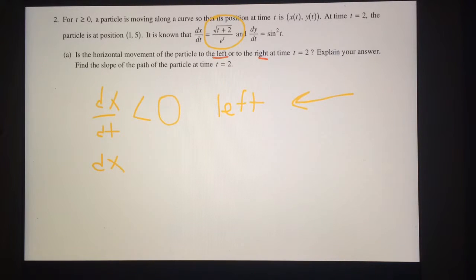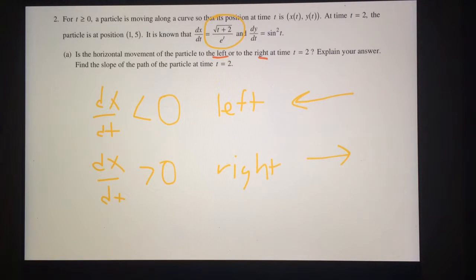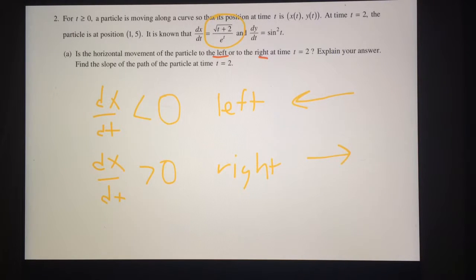Conversely, if dx/dt is greater than 0, it's moving right, because x is increasing and therefore moving this way on the number line. Looking at it, we can realize it will never be negative, because a square root can't be negative without getting into the realm of imaginary, and e raised to the t will never be negative either. So this can only be equal to 0 or a positive number.